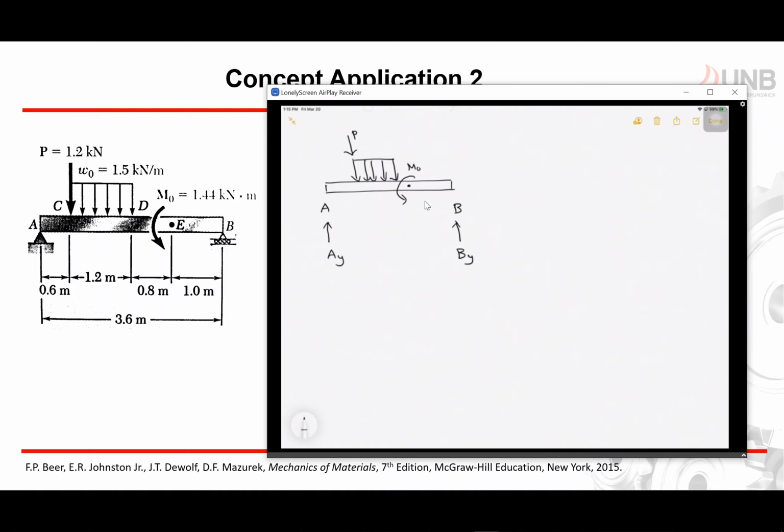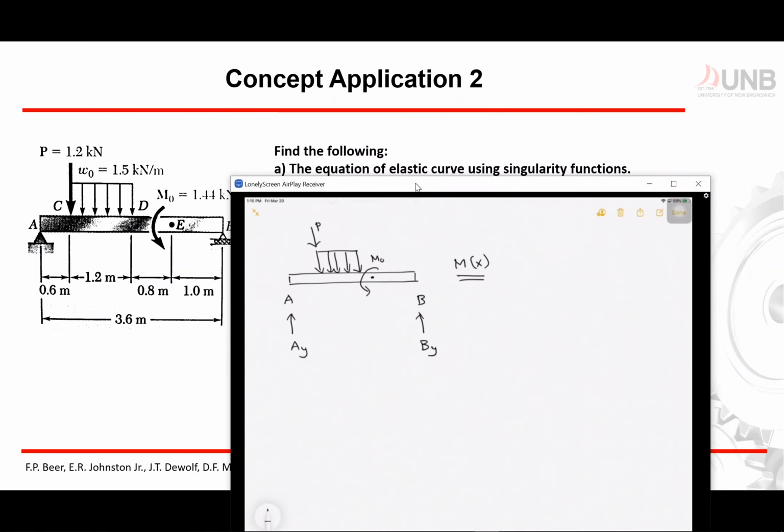Now what if I have that force and let's say I would like to get my moment equation? Why do I have to get my moment equation? Because I would like to get the equation of my elastic curve, which is the question right here, which means I could use my second order differential equation.